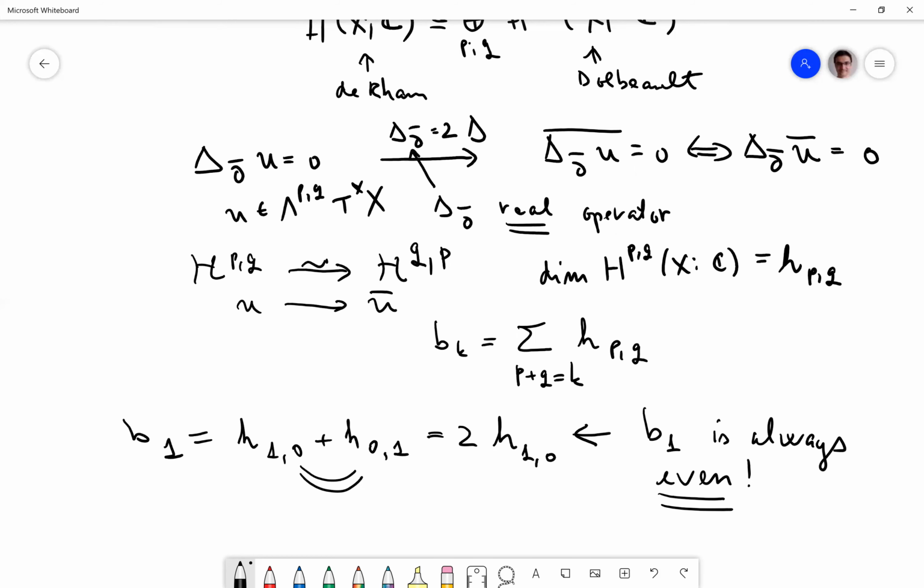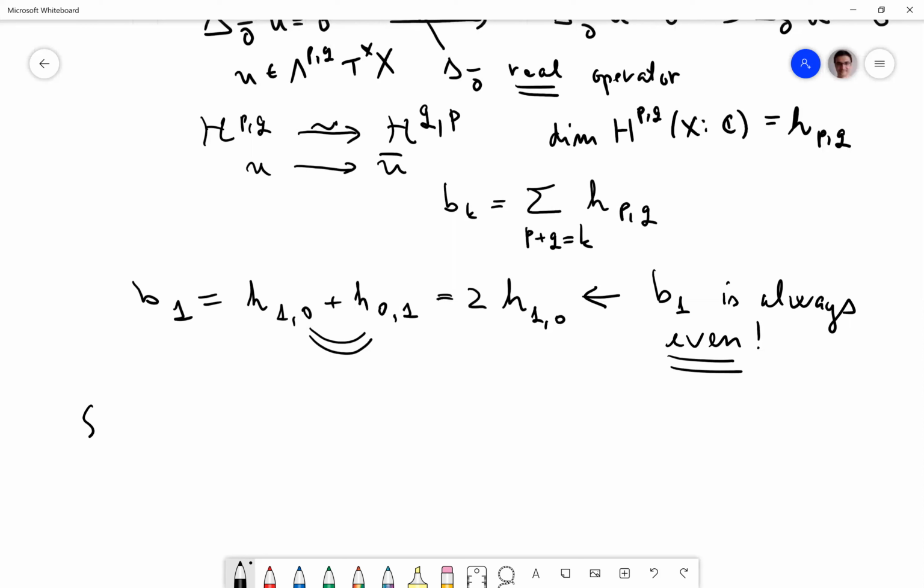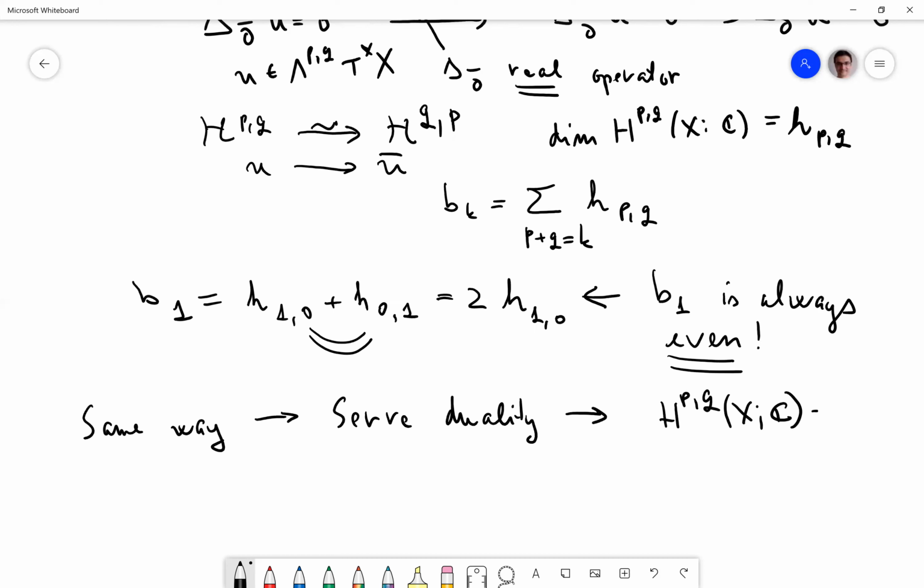Now, in the same way, I'm just going to mention it, there is an analog of Poincaré duality, the so-called Serre duality, that will essentially tell you that H^PQ(X, C) is isomorphic to H^(n-Q, n-P)(X, C).